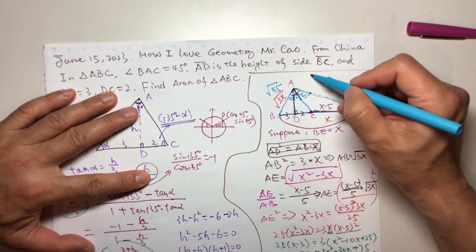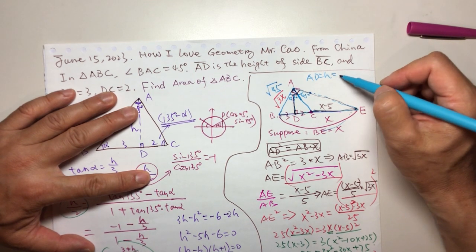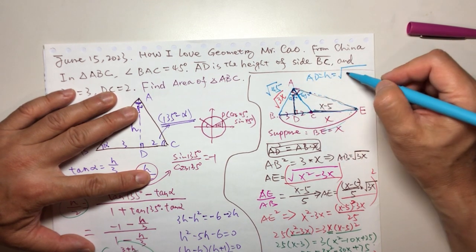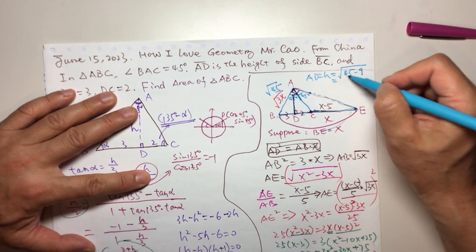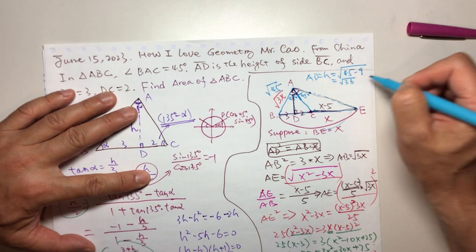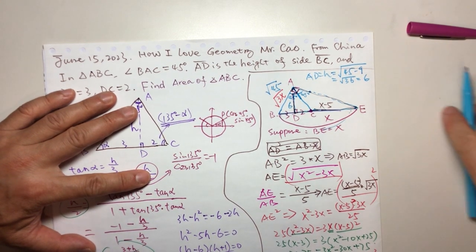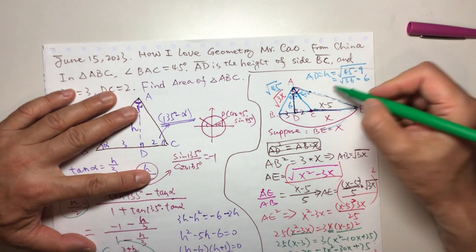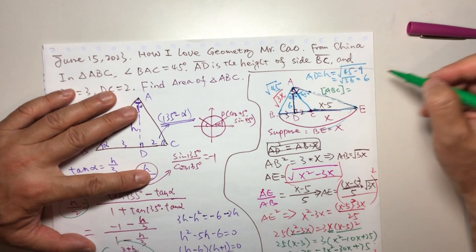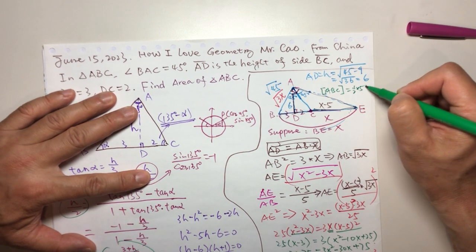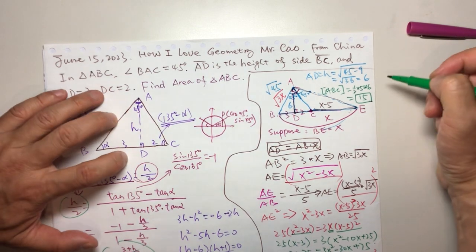And what's the height AD? That height h is the square root of this squared, 45, minus this 9, so is 36, the square root of 36, so equals 6. We got AD equals 6. And the same thing, area of ABC, you will find 1/2 times 5 times 6. We got 15. Also done.